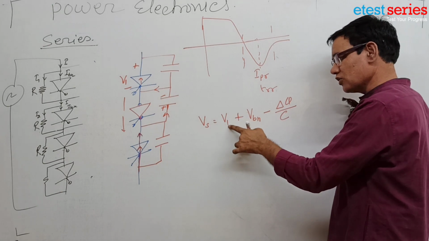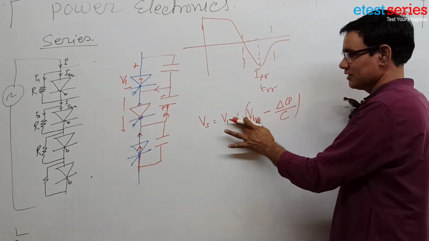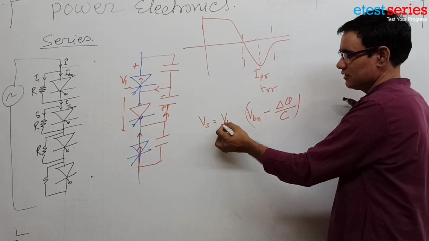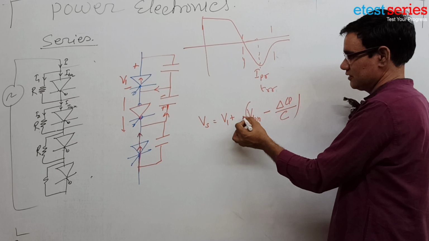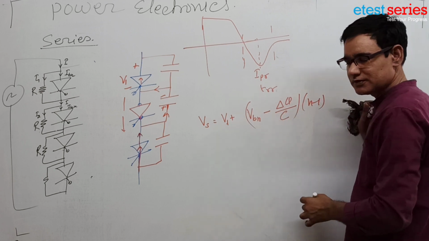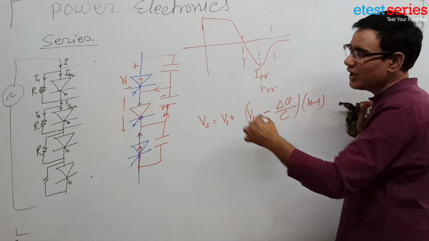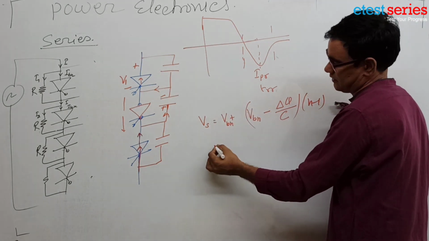Suppose there are n SCRs, so it is n minus 1, and this is the 1. The 1 also has a voltage equal to VBN.